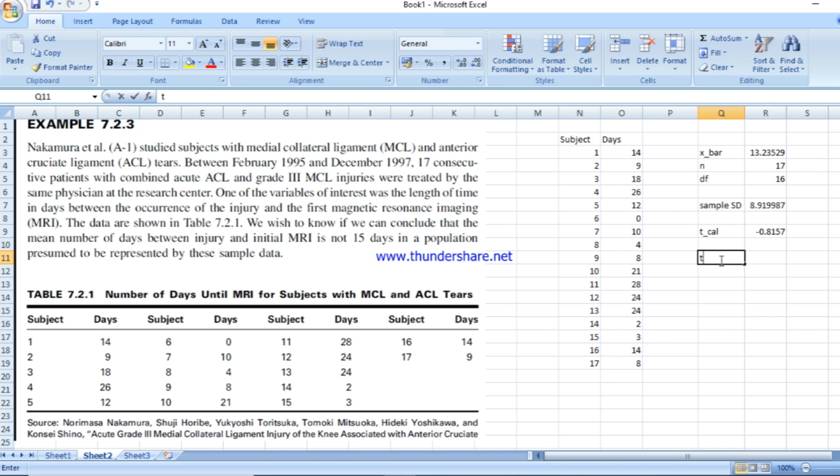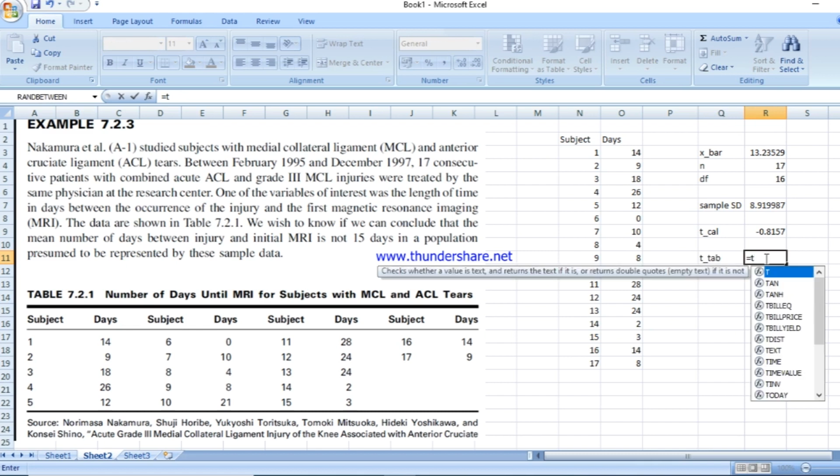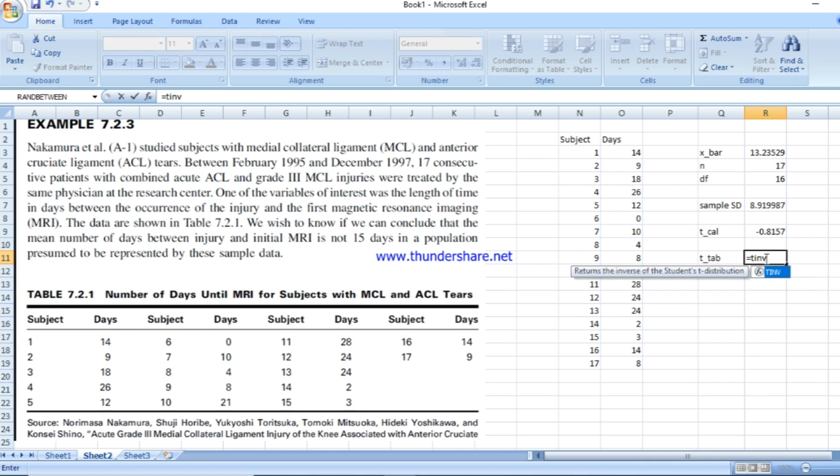So t tabulated will be TINV of 0.05. It automatically takes into account two-tail, and degrees of freedom is 16. So taking the absolute value, t calculated is coming out to be 0.8175, and t tabulated is coming out to be 2.11 at 16 degrees of freedom.